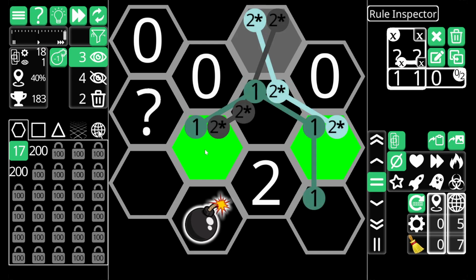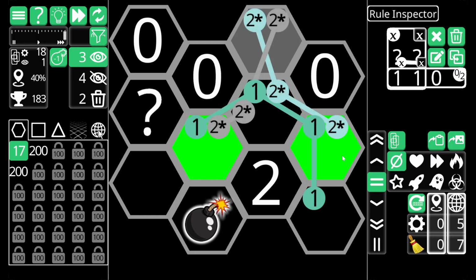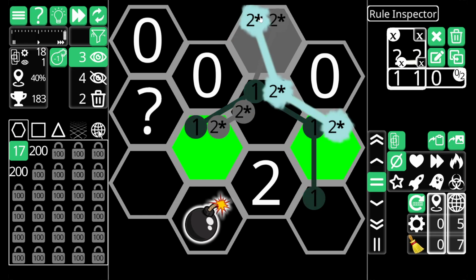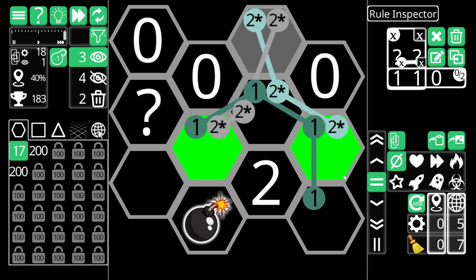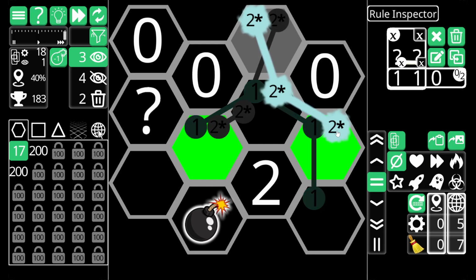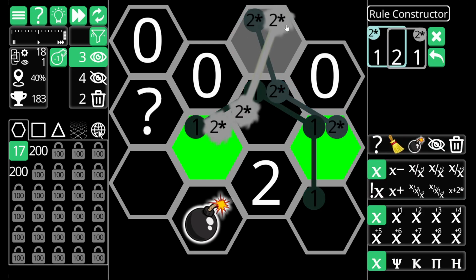So, this one and this one, these two cells have to be the same? By parity here? Yeah, I did the different version of this rule. I didn't do the same version of this parity rule.